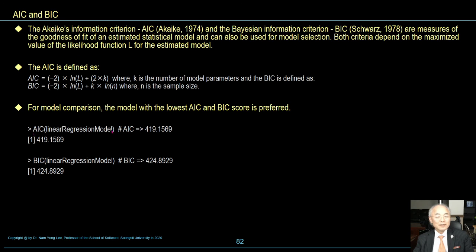For the linear regression model, AIC is 419.1569 and BIC is 424.8929.